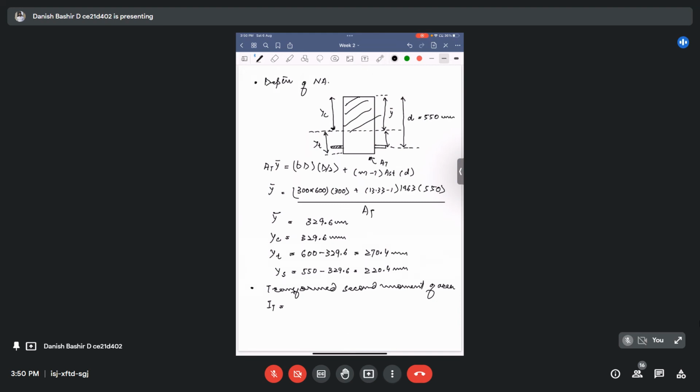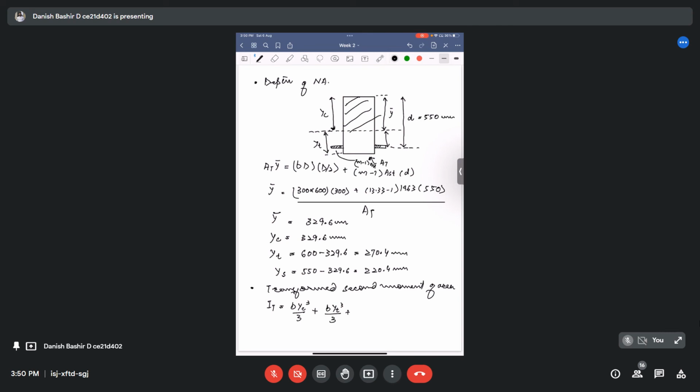It will have a second moment of area of byc whole cube by 3 for this upper part. And for this lower concrete part, we will have byt whole cube divided by 3, plus this part. Actually, these both are m minus 1 times Ast.